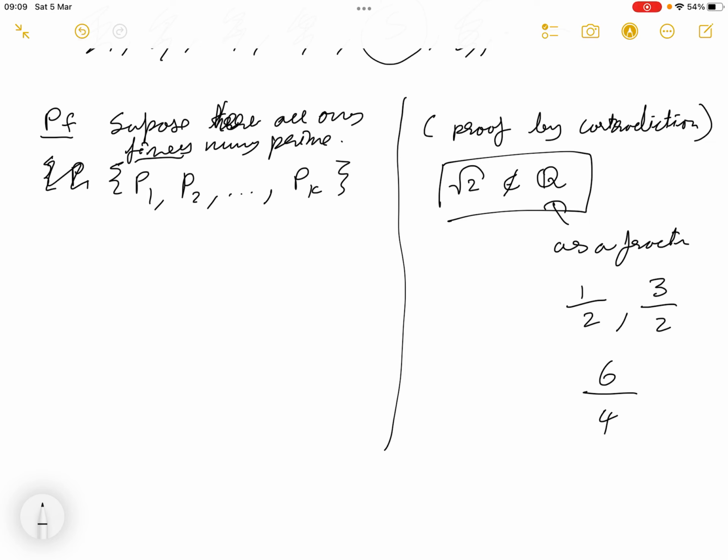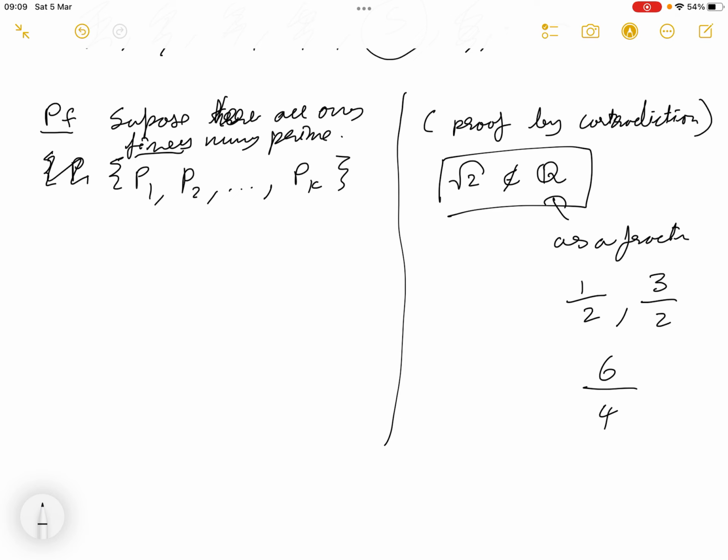Well, if these are all the primes there are, right, then we can make a number n here by multiplying all the numbers together. So p1 times p2 times pk. So multiplying all the numbers together.